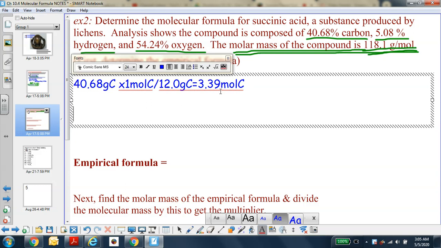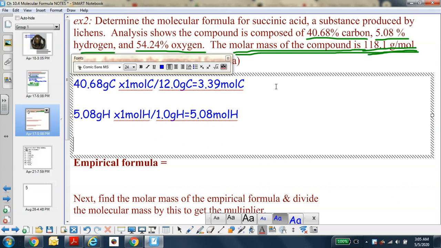Okay, so now we're going to take the hydrogen and convert it to moles. I've got 5.08%, change it to gram, hydrogen times 1 mole hydrogen divided by the atomic mass of hydrogen, which is 1.0 grams. And this comes out to be 5.08 mole of hydrogen.